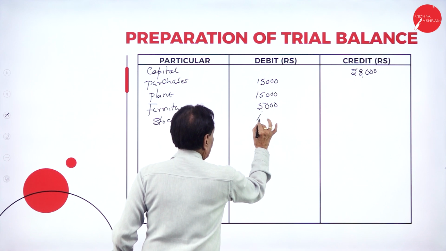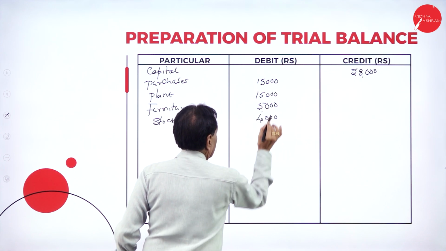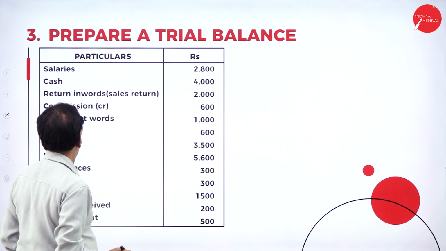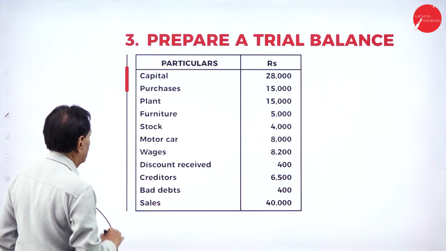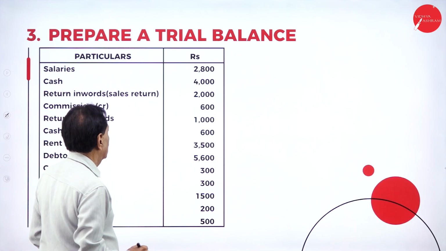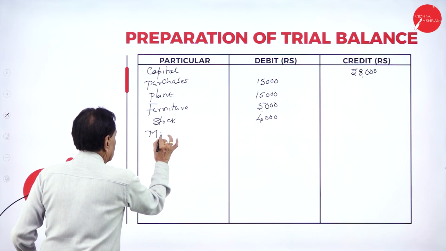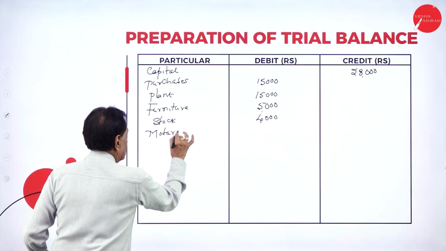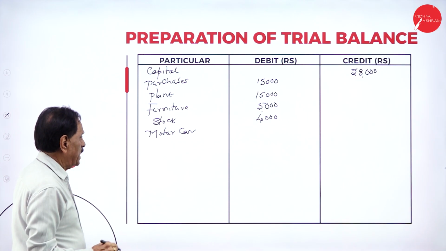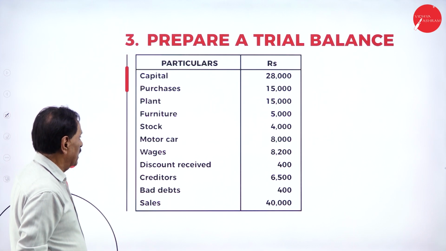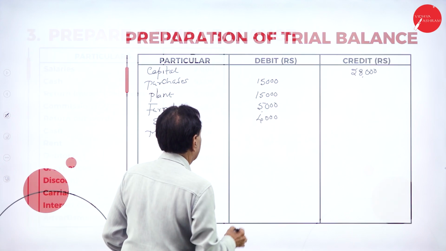Debit side 4,000. Motor car. Asset, debit side, 8,000.